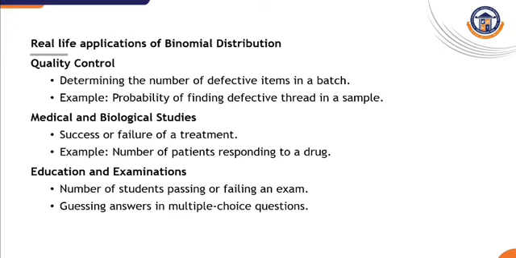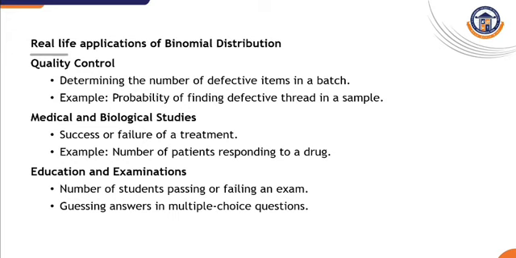In medical and biological studies, we identify this binomial distribution in the success or failure of a treatment. The example: the number of patients responding to a drug. When a new drug is introduced in the hospital, we identify the number of patients for whom the drug is successfully used or not.